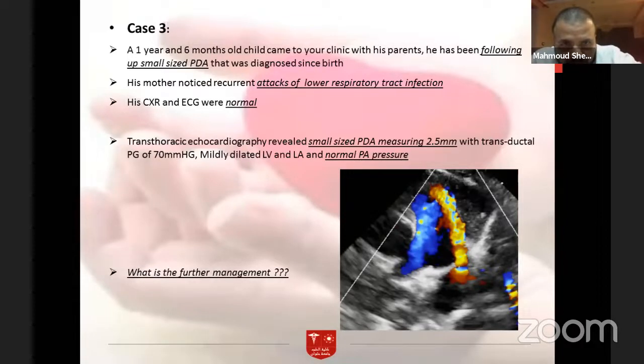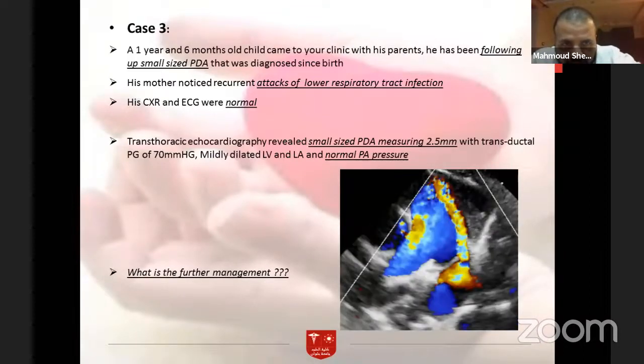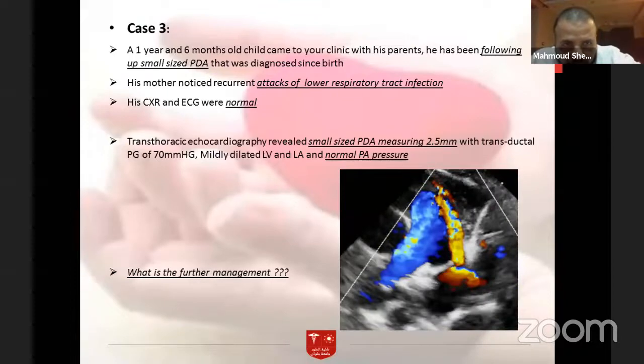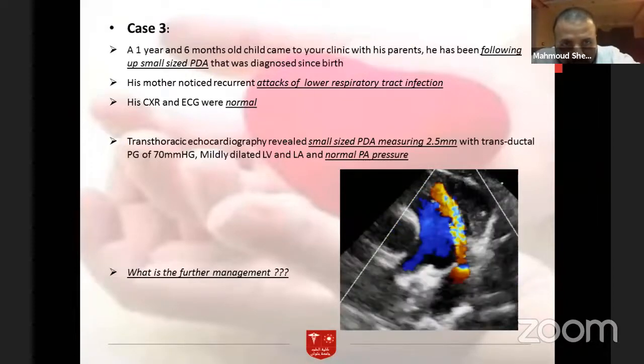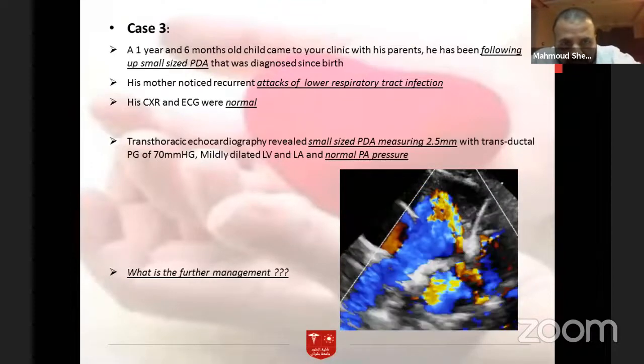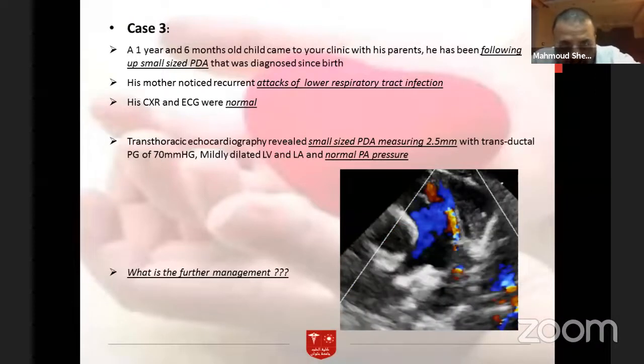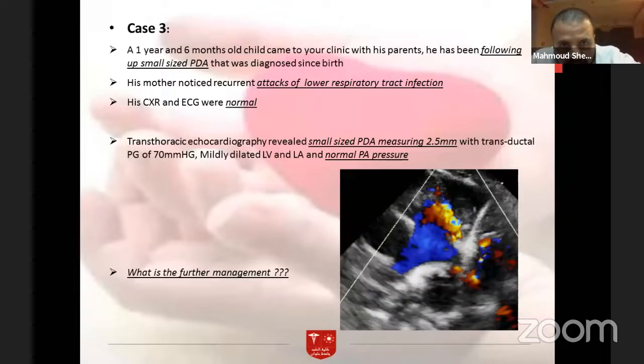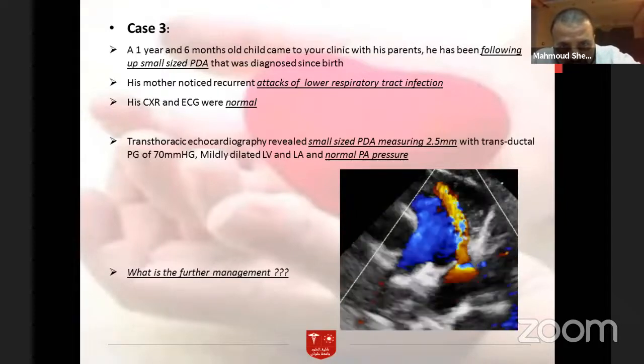Although by echo we have a small size PDA with a normal PA pressure, as estimated from the pressure drop through the gradient across the duct, which is 70, we still have a mildly dilated LV and LA. And this chronic volume overload needs management.